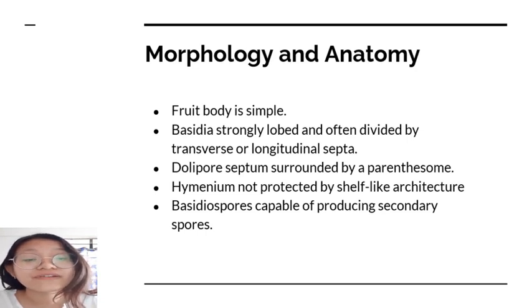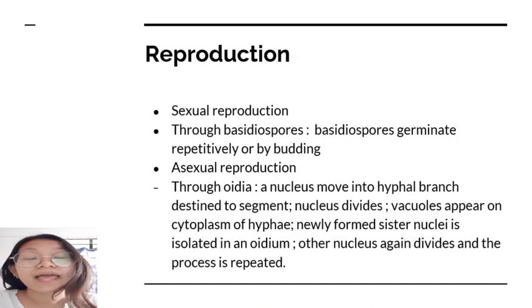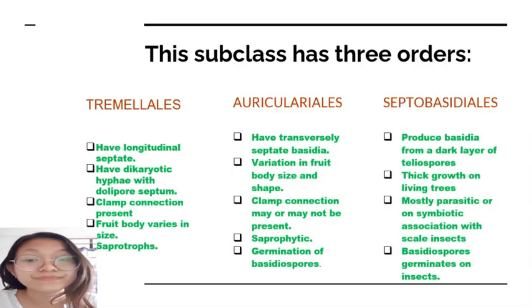The fruit body here is very simple, and the basidium is divided by a transverse or longitudinal septum. The dolipore septum is surrounded by a parenthesome, and the basidiospore here is capable of producing secondary spores. They are mostly saprophytic, feeding on dead plants and decaying wood, and they reproduce either through sexual means, that is through the production of basidiospores, or through asexual reproduction through the production of oidia.